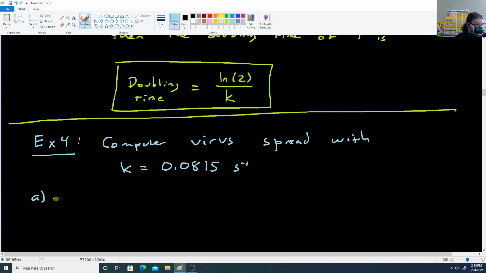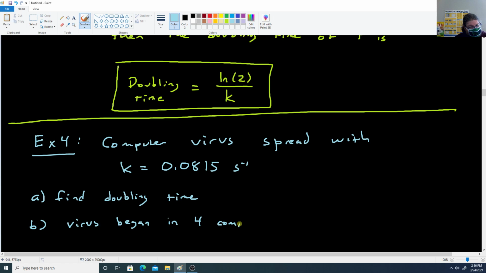So part A, we want to find doubling time. And then part B, we want to go through and say if the virus began in 4 computers, how many were infected after 2 minutes?